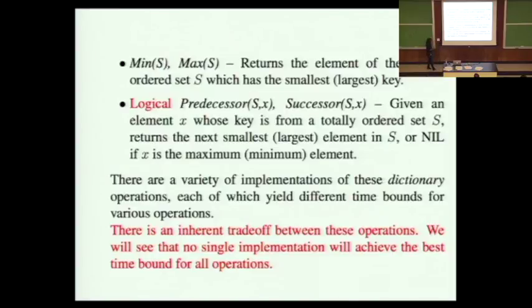The key is you have a bunch of operations. You can't make all of them that fast at the same time. You can't have a dictionary which does everything in order one. If you optimize something, you might lose out on something else. So if you optimize on search, you might lose out on insert or delete because you'll implement it in a way to optimize search. So that's one of the last things.